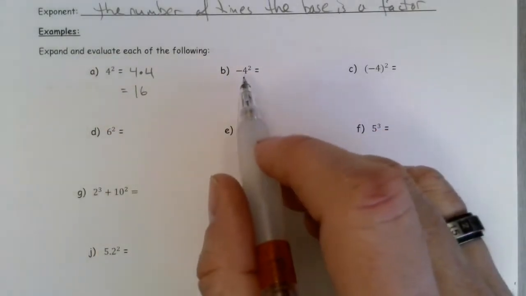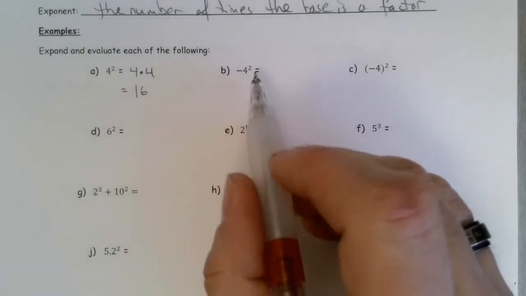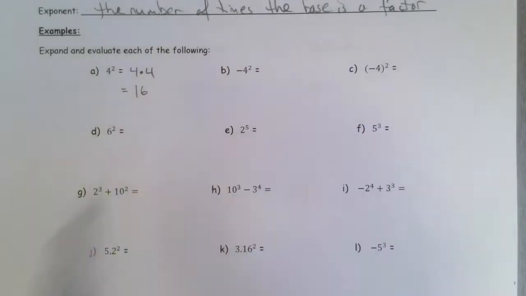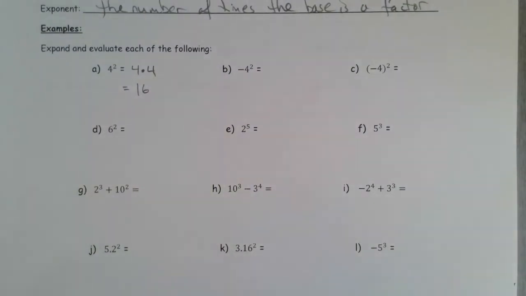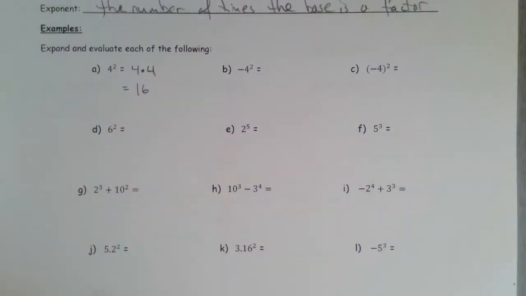Now over here, you really need to be careful with this. Okay, you need to be really careful. The exponent sits over top of the value that is the base. Okay, so in this case right here, the question is then, what is the base? Is it 4 or is it negative 4?